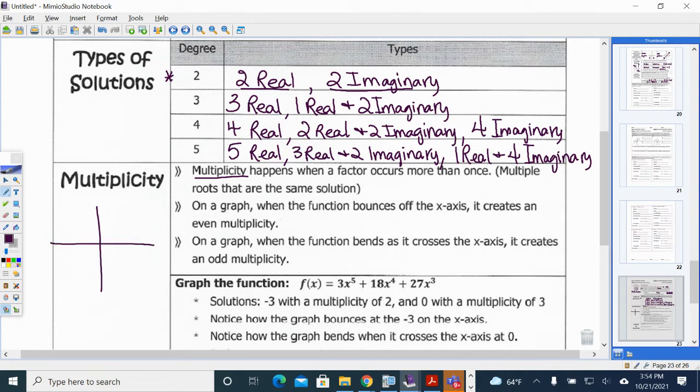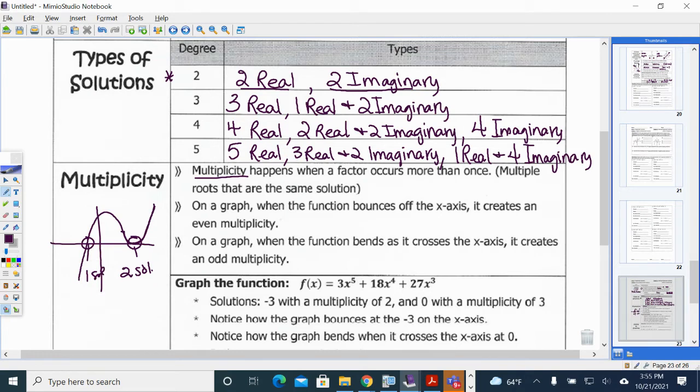So what that looks like is we might have a cubic function that does something like this. This is one solution, and because this function comes down and bounces off the x-axis, it creates two solutions here. There's one here and two solutions where it bounced.